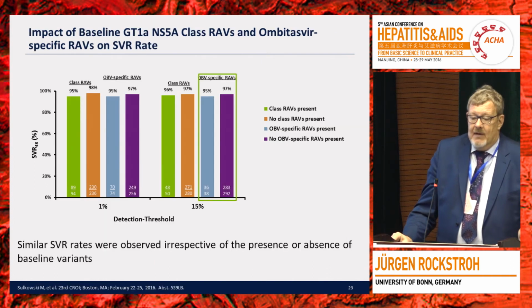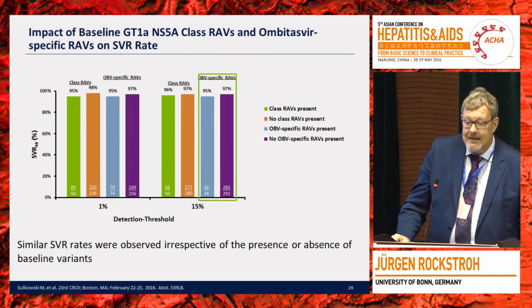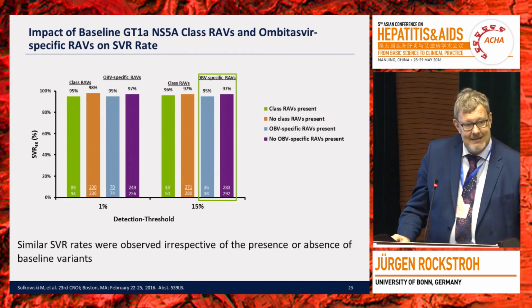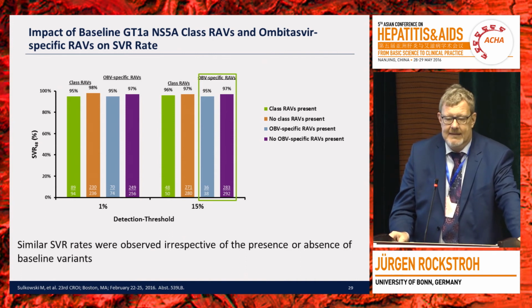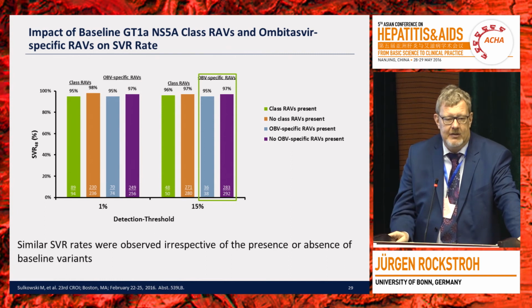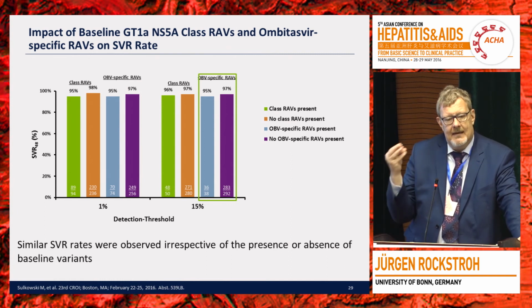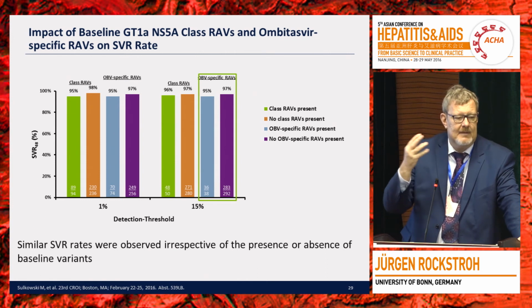From the ABBVIE 3D regimen, the interesting thing here is that when you look at class RAFs, so NS5A variants altogether, and also look at those who have ombitasvir, that's their NS5A inhibitor, in that mix, resistance-associated variants, you can see that the SVR rates have absolutely no difference in these genotype 1a patients, which tells you that the addition of ribavirin overcomes some of that reduced susceptibility.